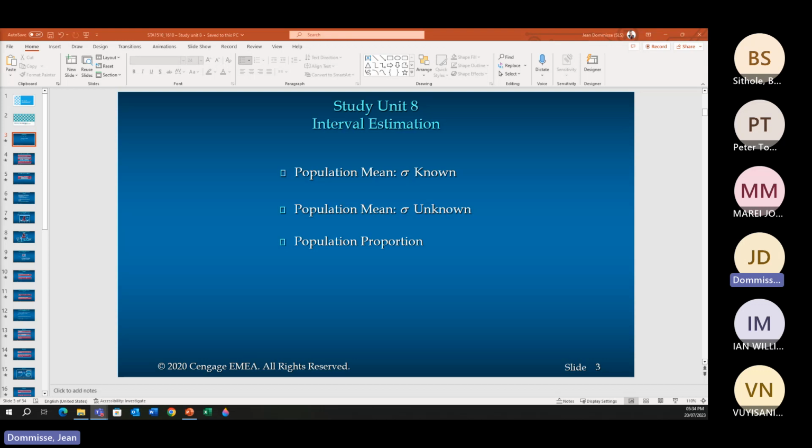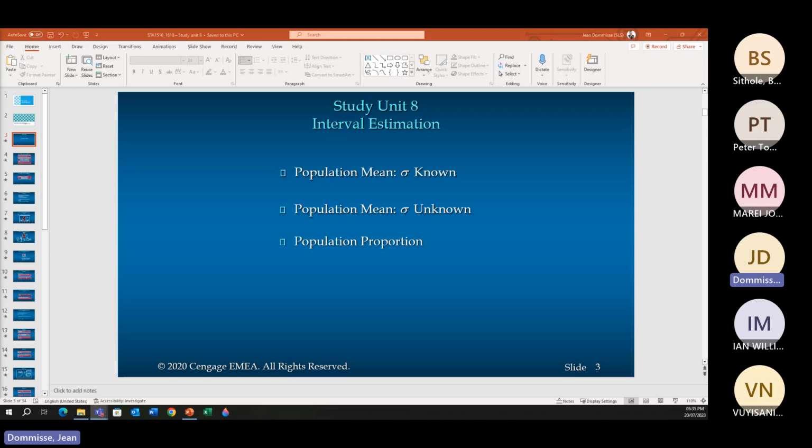And then the third one in your confidence intervals is the population proportion. Remember in study unit 6 or 7, we also looked at population proportions. So now we will bring that into account in interval estimation as well.